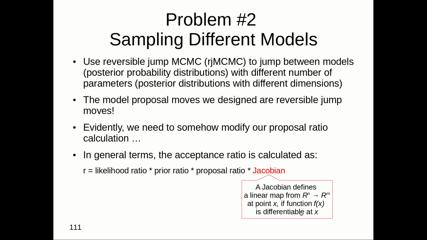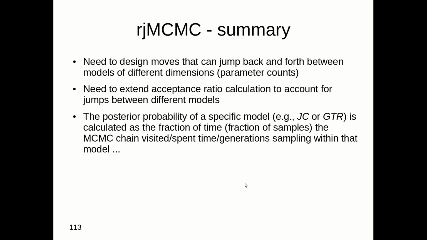You can see that if I start jumping around between models that have different degrees of freedom, I need to add an additional correction to the acceptance ratio calculation. I will not provide further details, but if you're interested, you should have a look at the work by Peter Green, who made major contributions to the development of reversible jump Markov chain Monte Carlo methods.